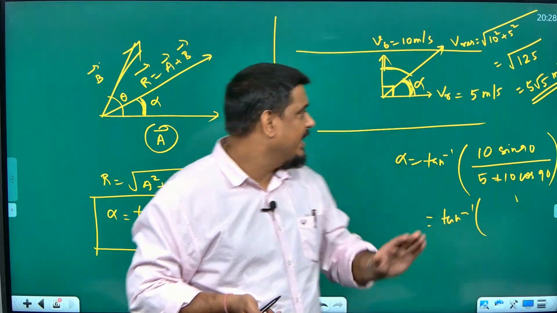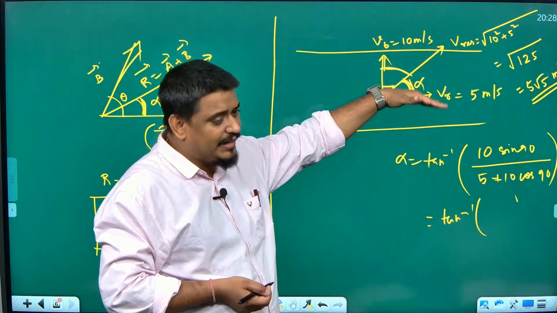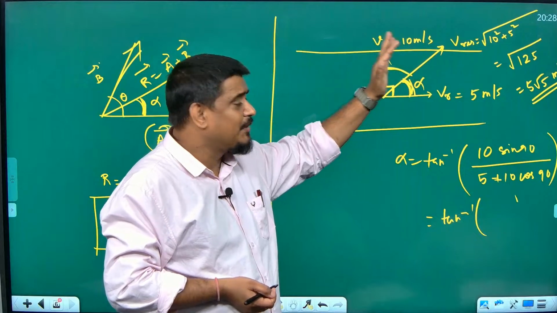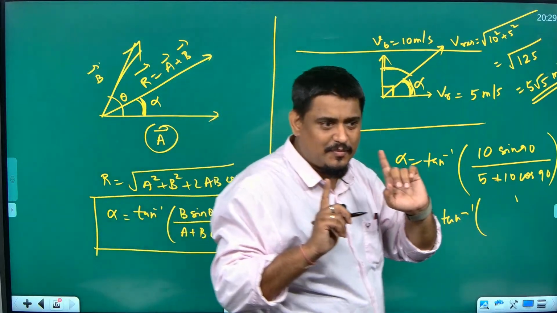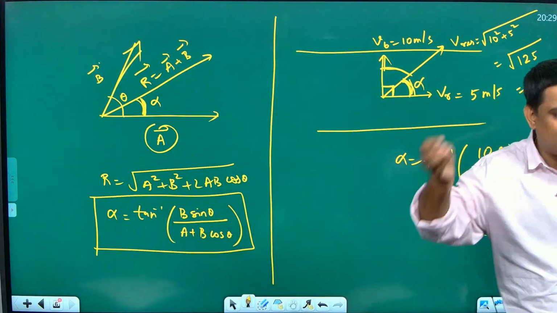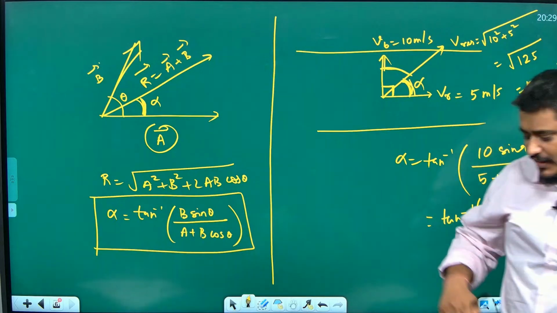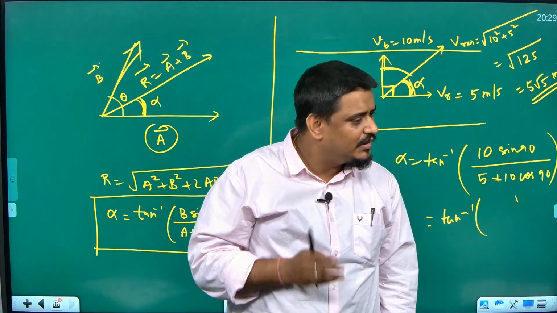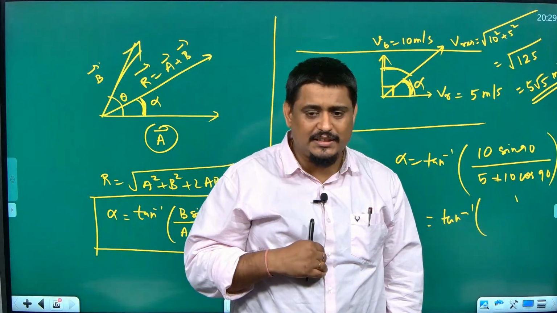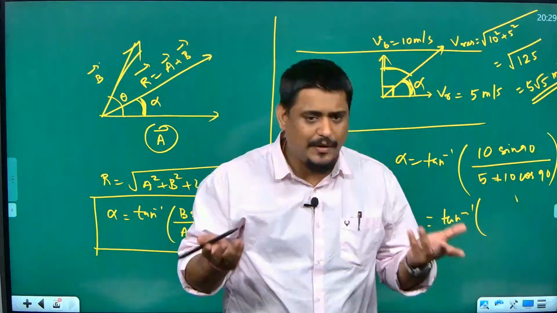Same way, I can represent the answer of the resultant with respect to the river, or with respect to the boat also. They both will have different answers, but no problem in that. If I write Nilesh's position is 1 meter with respect to the board, that is also correct. My position is 3 meter with respect to Sai Varshini, that is also correct. Are you getting my point?